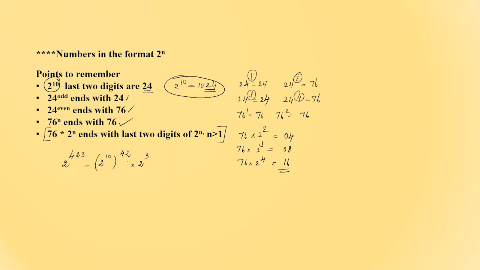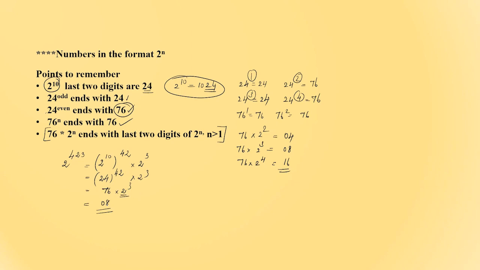So now I can say 2 to the power 10 always ends with a 24, so it is 24 to the power even into 2 cube. 24 to the power even always ends with a 76. So it is 76 into 2 cube. The last two digits of this number would be the same as 2 cube's last two digits, which is nothing but 08. That's it. So for 2 to the power 423, the last two digits of this number would be 08.